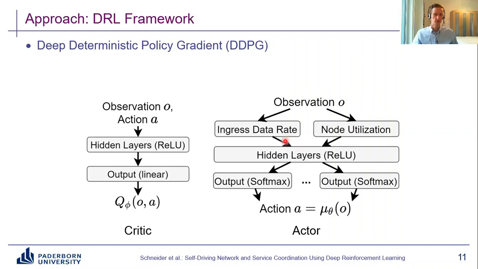For us, it consists of the ingress data rate and the node utilization, and it outputs an action that specifies these scheduling tables. And because we have this constraint that each row in the scheduling table should be a probability distribution, so summing up to 1, we apply the softmax activation function separately to the different parts of the output to get these probability distributions.